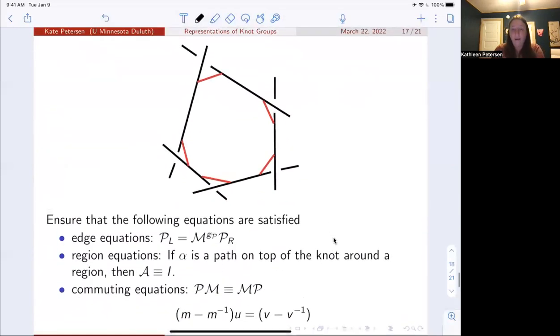Okay, now what needs to be true? I've already talked about the fact that the left and the right edge equations have to be related by a power of the meridian because we're just curving around one way or another. And because these normalized matrices sit on the banana that naturally is associated to M, then they have to commute.